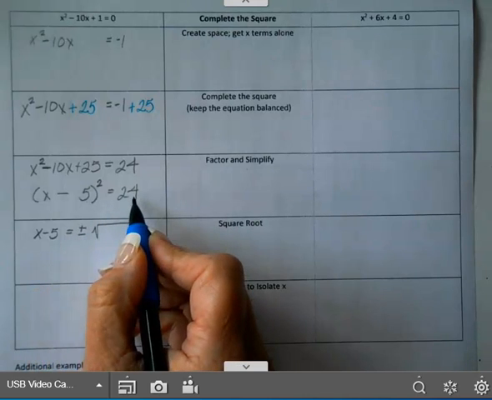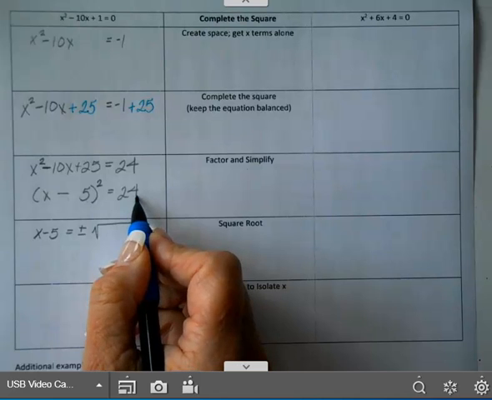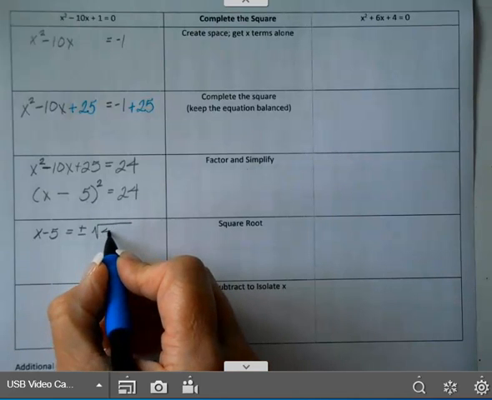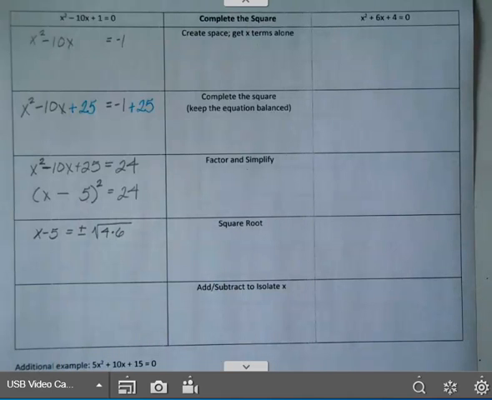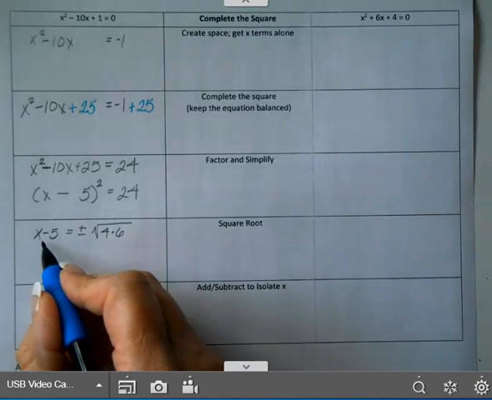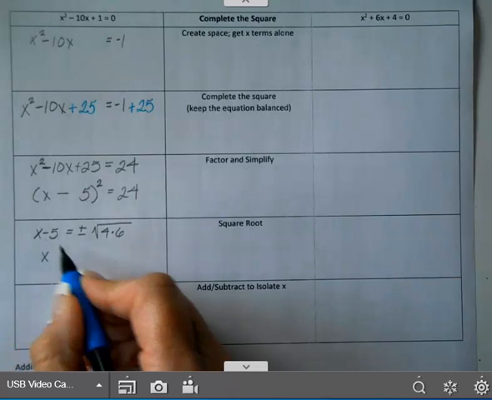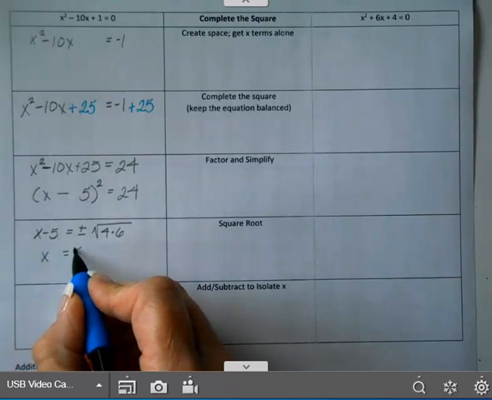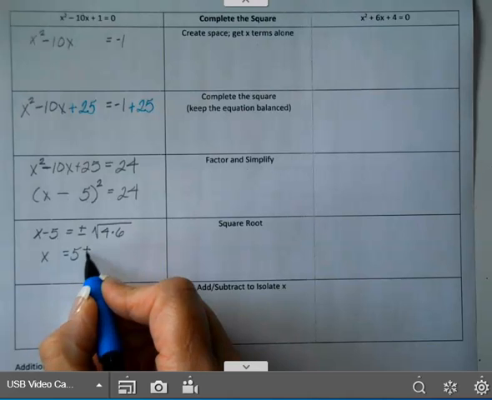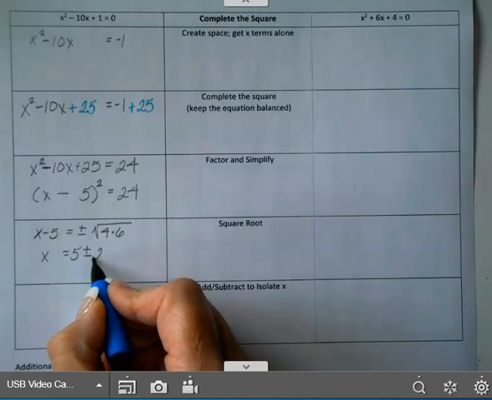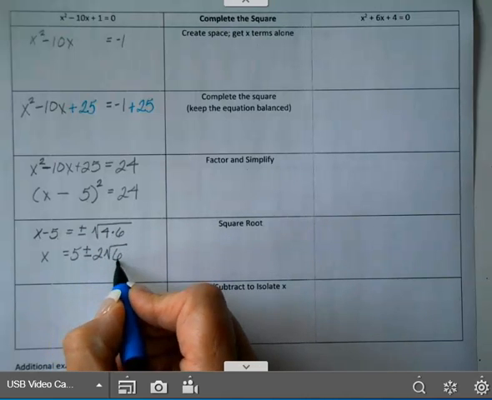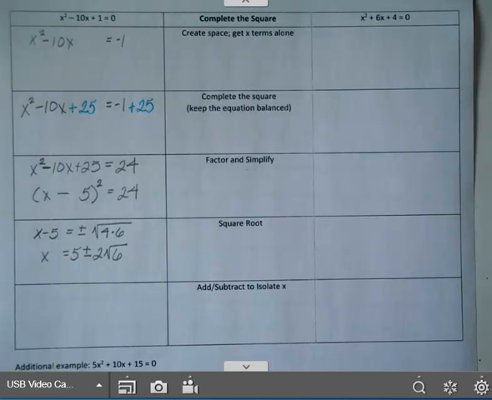But I'm going to go ahead and look ahead. I noticed that a perfect square goes into that, so I'm going to write 24 as 4 times 6. Move the minus 5 to the other side, so I'm going to add 5. So this will be 5 plus or minus, and I can pull out that 4. The square root of 4 is 2, and that's going to be a square root of 6 then.